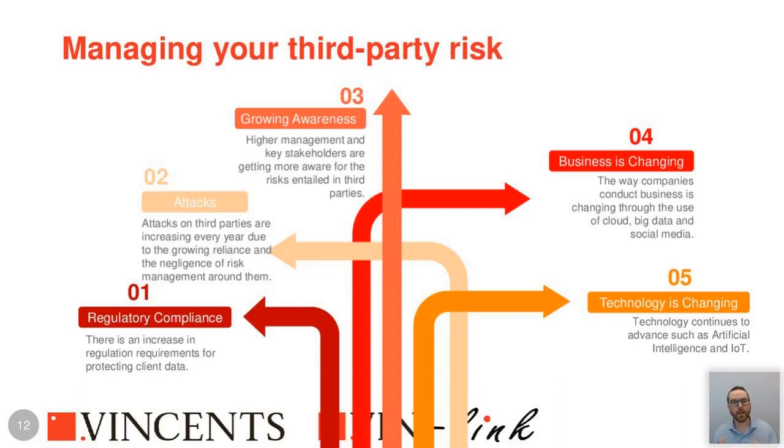So you can't just say, hey, we'll give you access into our environment and be on with it. You should be asking questions. What data should they be accessing? How are they protecting your data? So if they have access to your data in their organization, how does your data get protected?